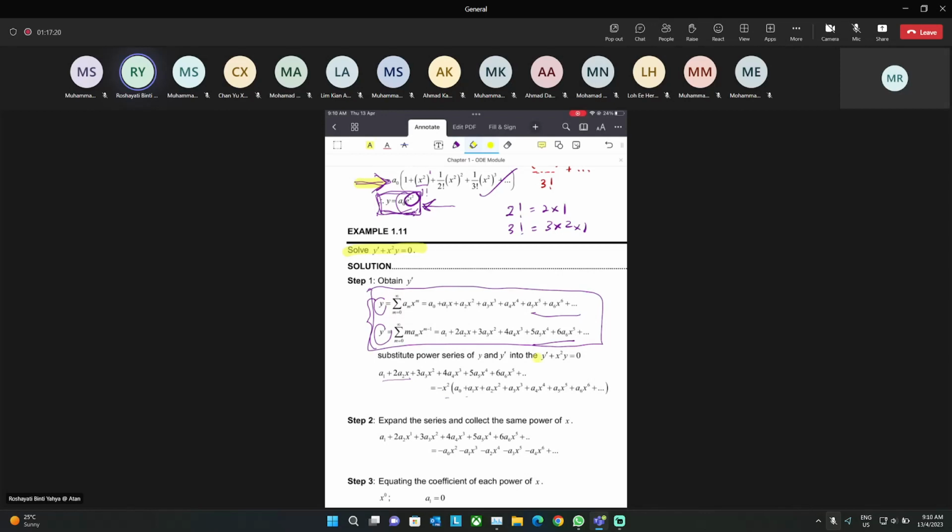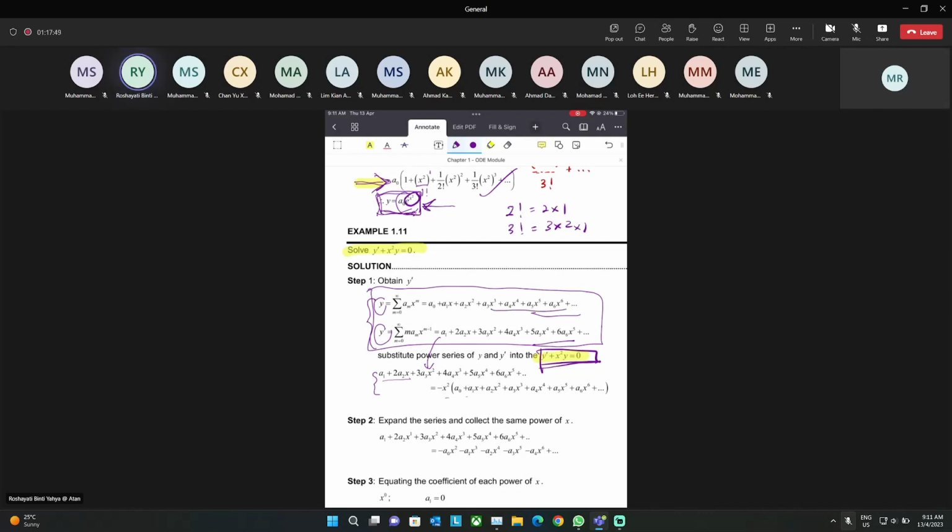This part starts, okay, for this one you start to use what is given in the question. So this one, substitute your y prime here plus x squared y.